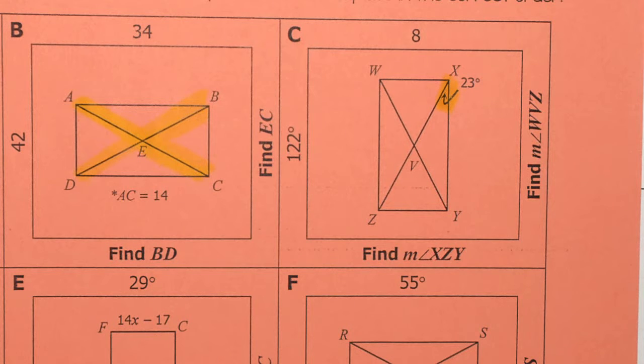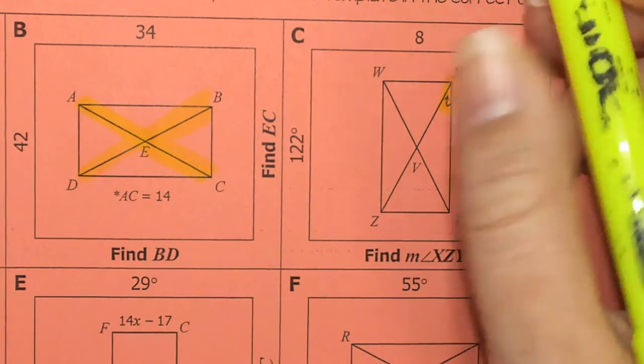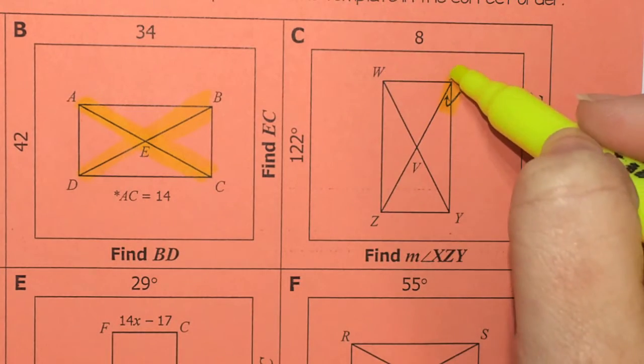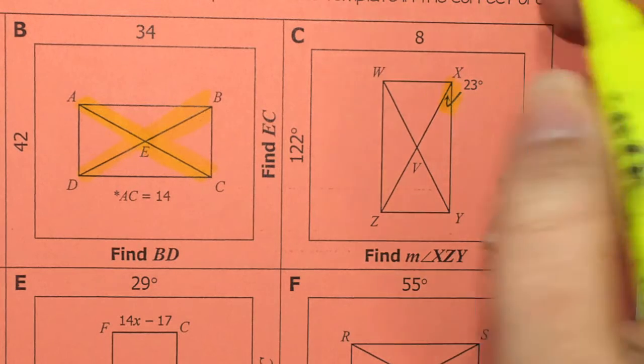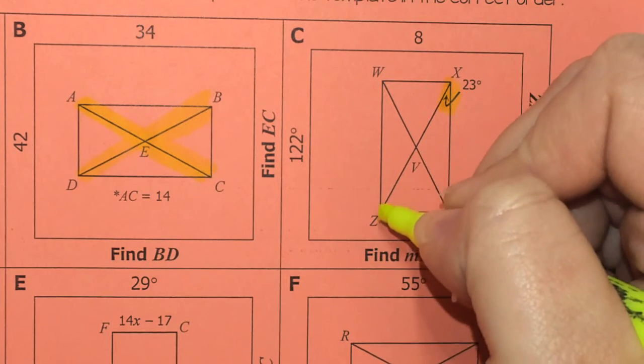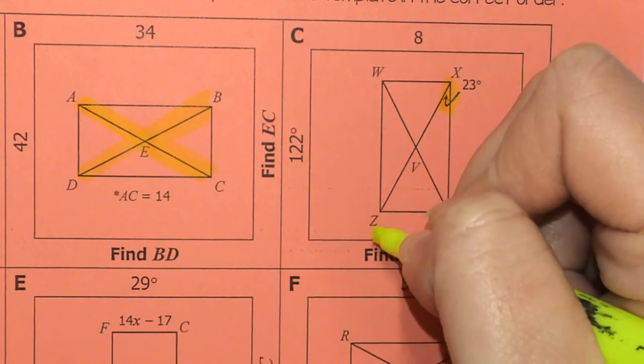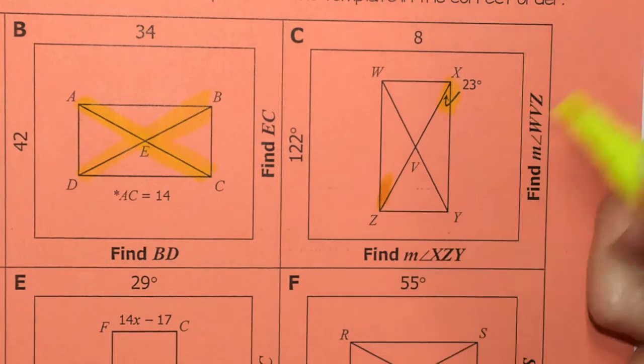So you have to use 3 letters to name an angle. So if I needed to name another angle, it would be WZX. Does everybody understand? You start from the outside, you go to the vertex, you go back out. So that's this angle right here.